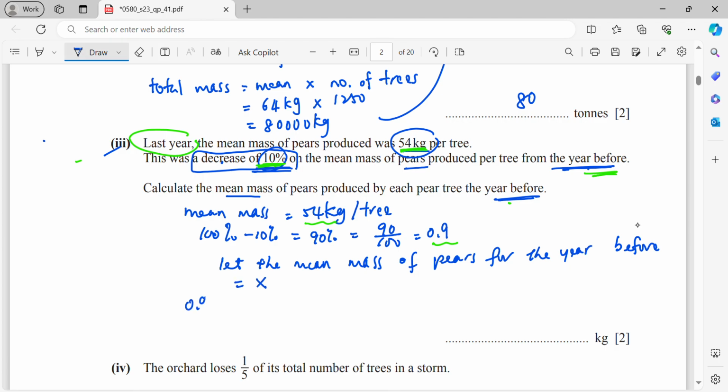Alright, so 0.9x will be 54. So that means now here, x will be 54 divided by 0.9. That is going to be 60 kilograms. So that is your solution. So that is the mean mass of pears for the year before, 60 kilograms.